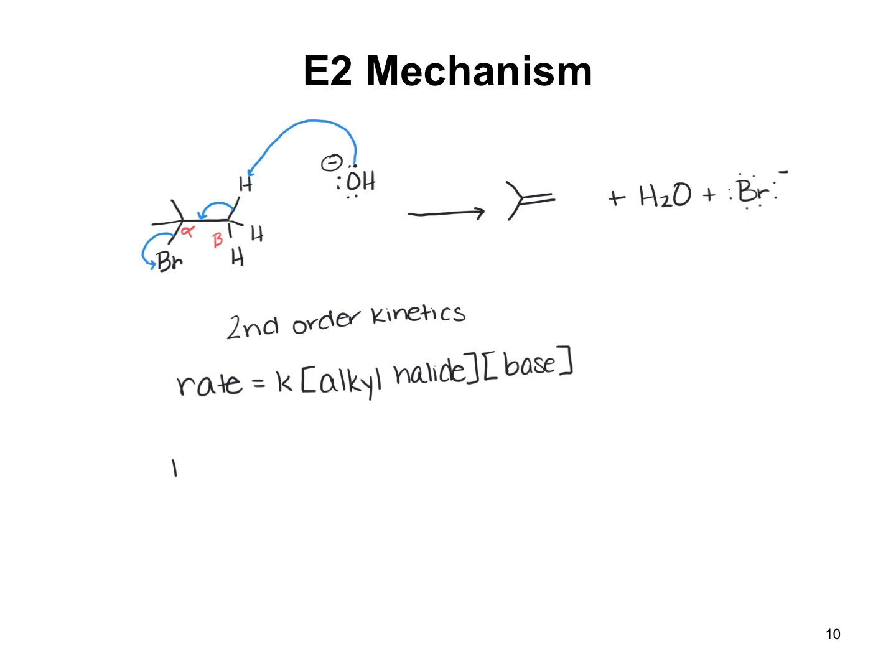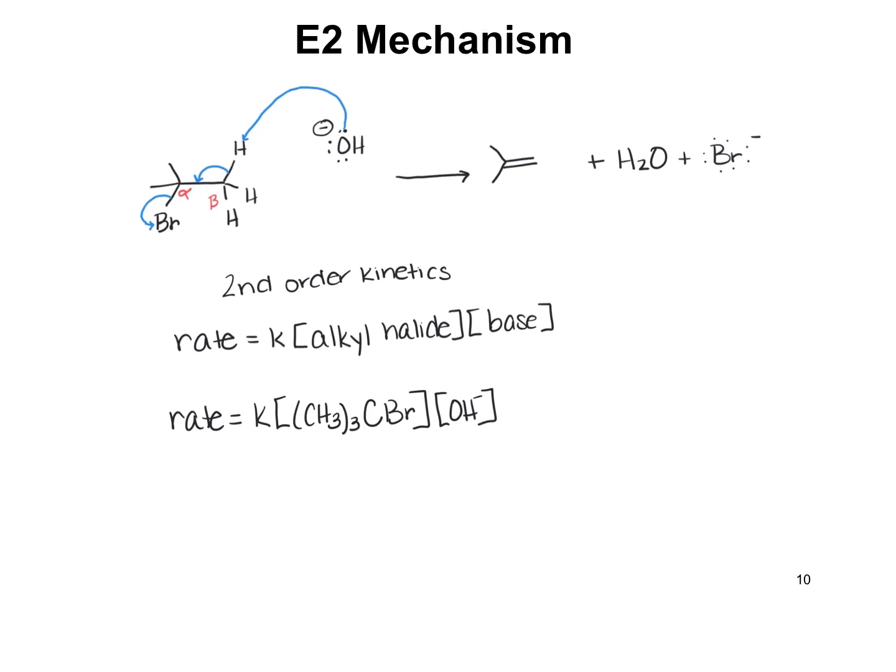So if you were to write it for this specific reaction, you would say, look, the rate equals the rate constant times the concentration of (CH3)3C-Br, and that's the alkyl halide, times the concentration of OH minus.